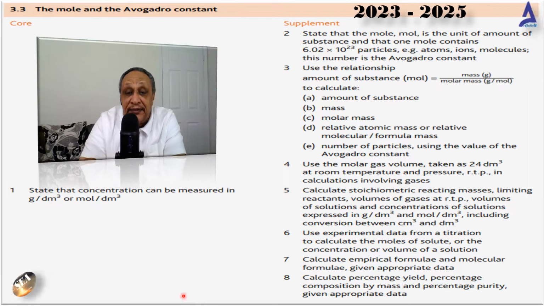There are also 7 other subjects for supplement or extended students, and they are in this list, and you can easily go through them. I'm not going to talk too much about them because I have already done this at the beginning of our 5th chapter, and I will proceed to today's topic.